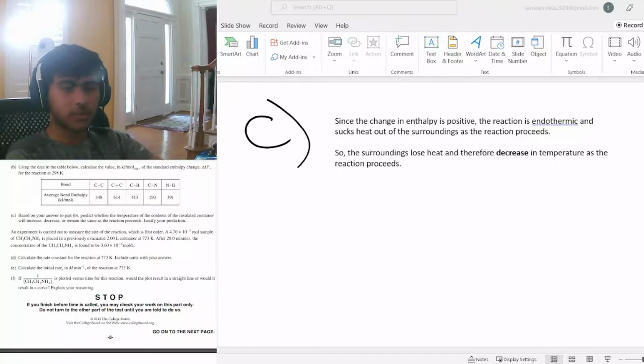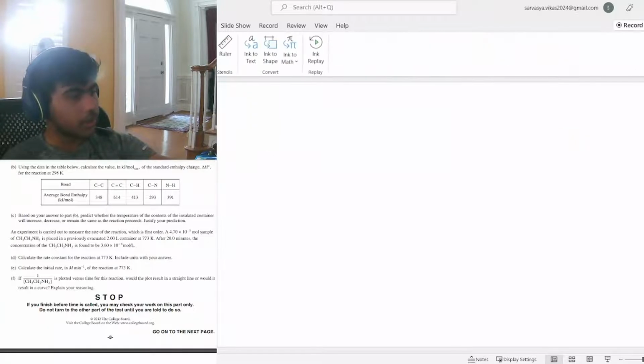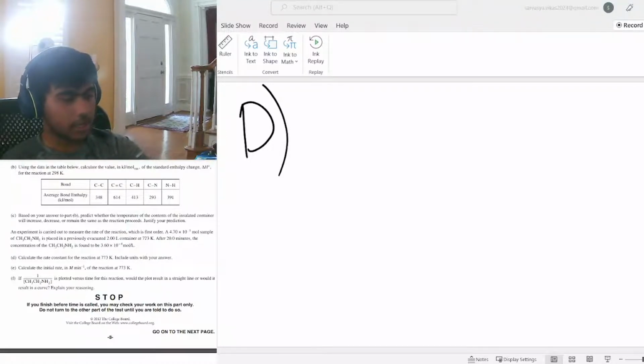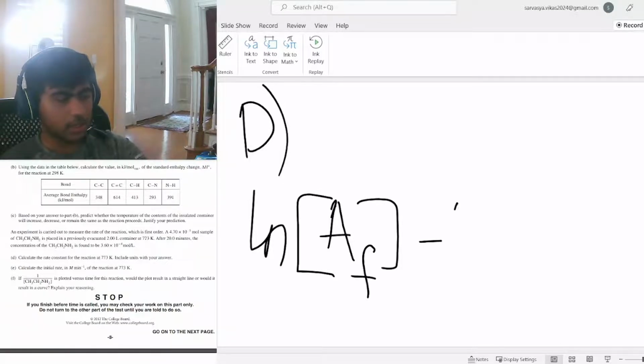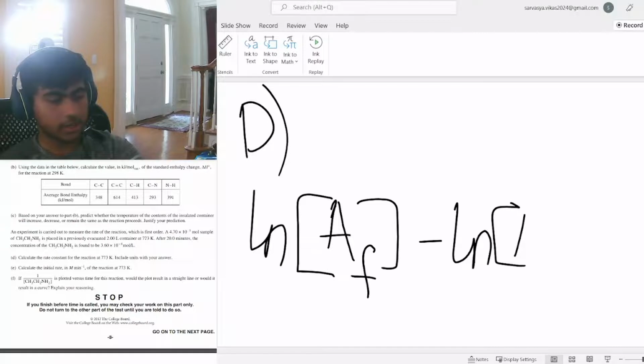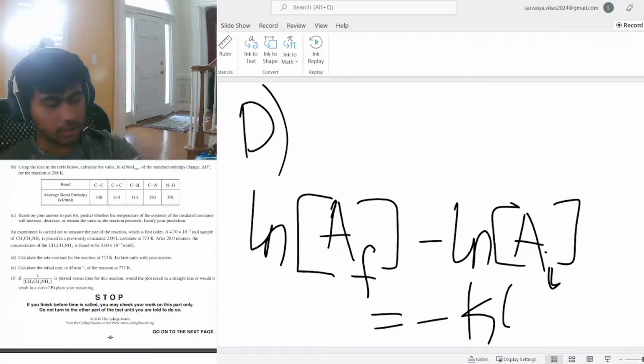Because they told us it's first order, we can use that equation: the natural log of the concentration of A final minus the natural log of the concentration of A initial is equal to negative k times the time.